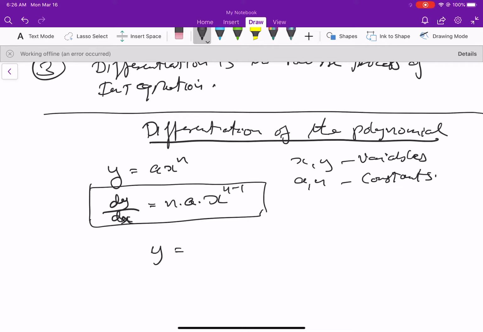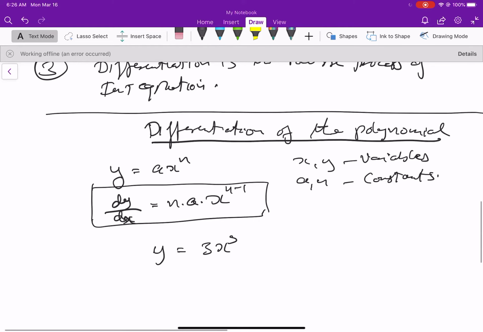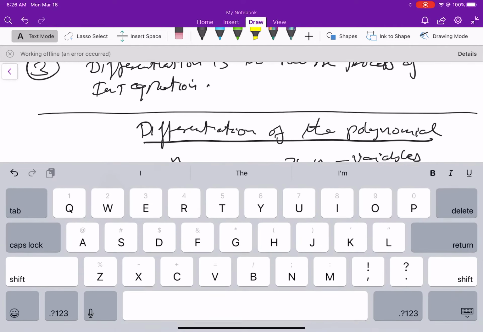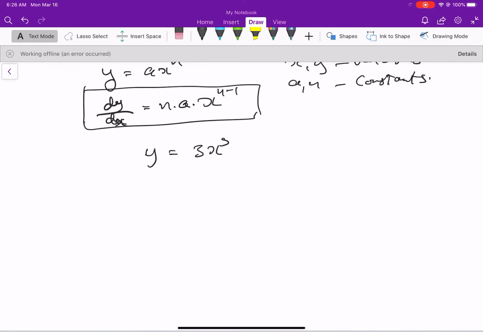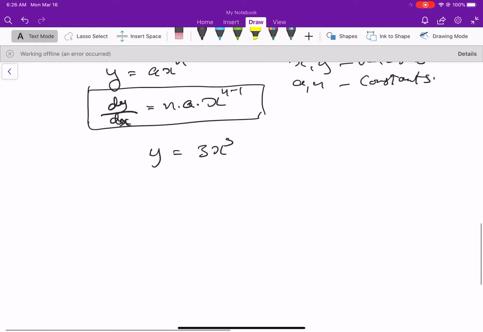y is equal to 3 times x to the 5th power. If we apply that rule exactly as it's written there, then dy dx, the rate of change of y with respect to x, would be given by 5 times 3 times x to the power 5 minus 1.